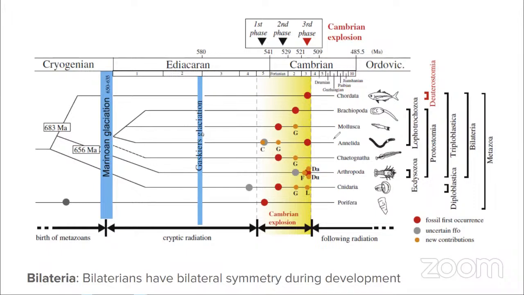Monophyletic means we have this last common ancestor, and it includes all the descendants of that last common ancestor and nothing else.